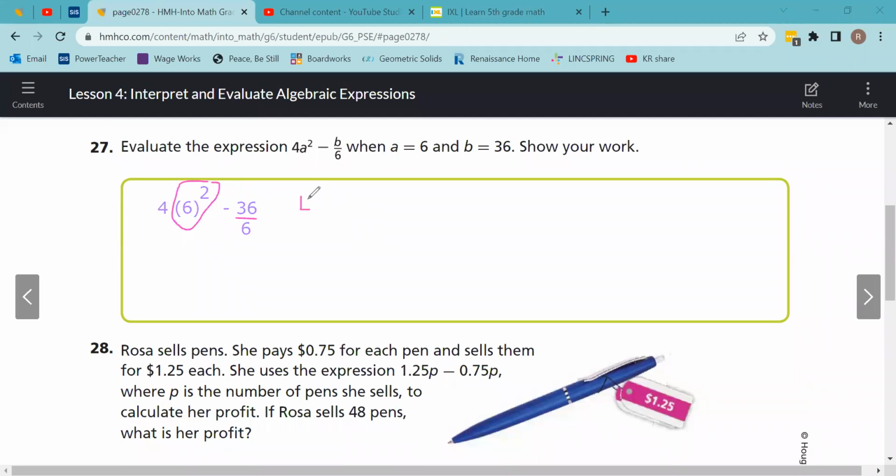Okay, so this becomes 4 times 6 times 6, 36. Okay, minus 36 over 6. Now, whoopsie. We're multiplying here, we're subtracting there, we're dividing here. So now we multiply and divide left to right. 4 times 36, I don't expect you to know it. Enter it, okay. 144 minus 36 divided by 6, which is 6. 144 minus 6 equals 138.